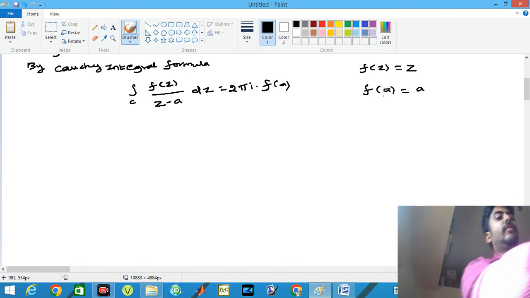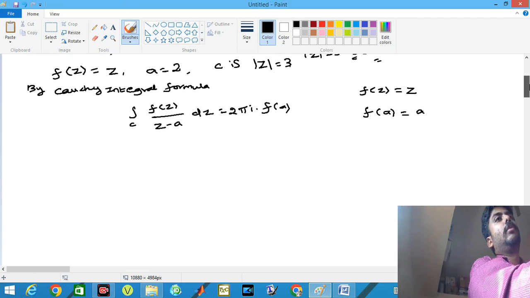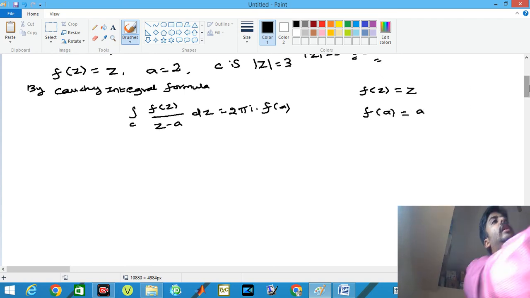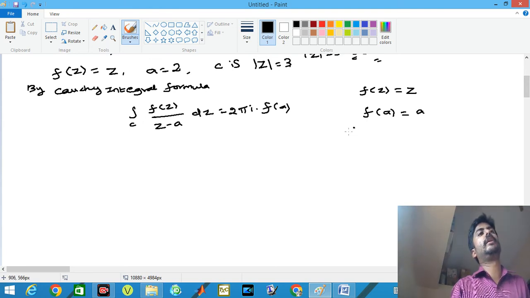In our problem, the value of a is 2. That is, f of 2 equal to 2.